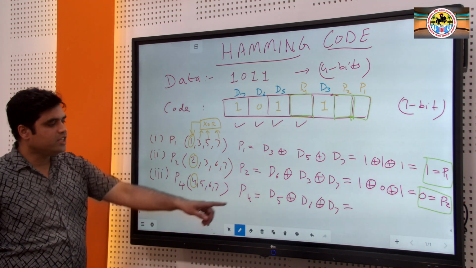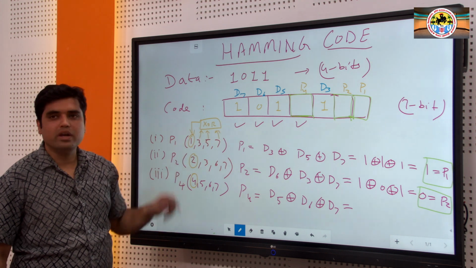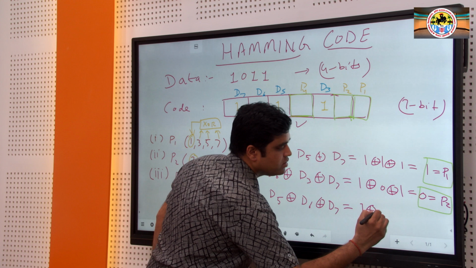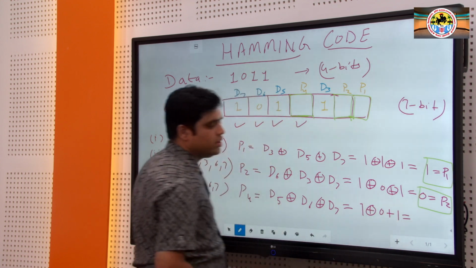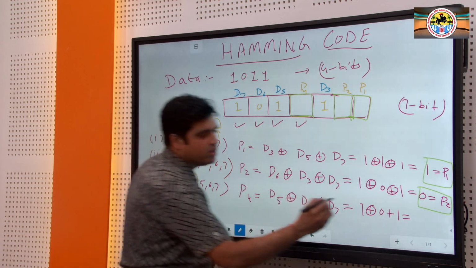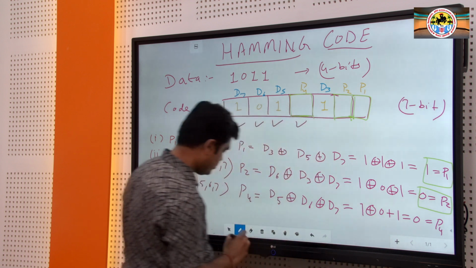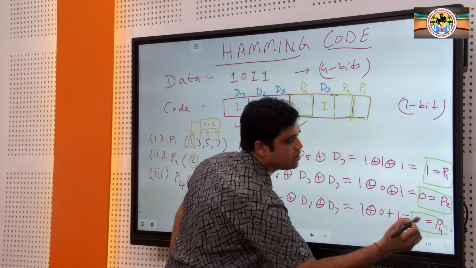What are the data at this position? 5, 6, 7. Data is 1, 0, 1. Result would be 0. This result we take into the box.